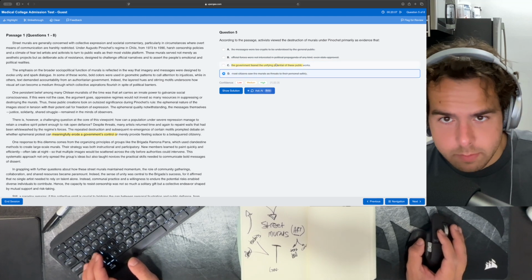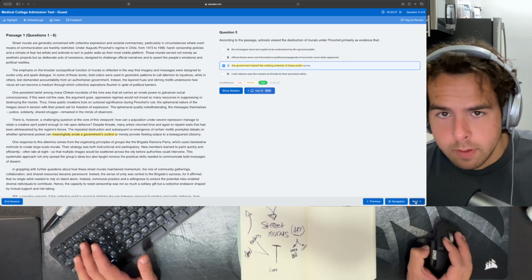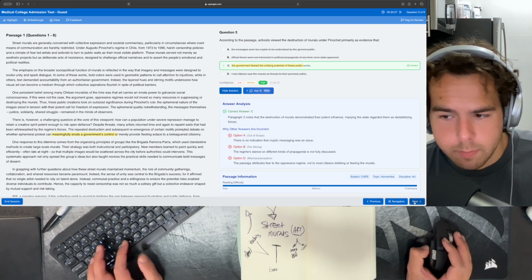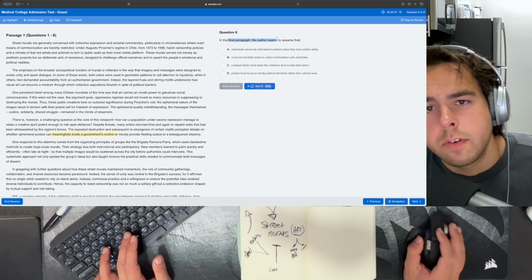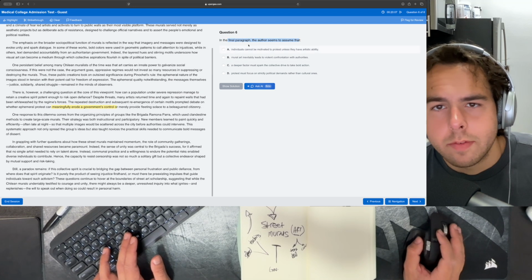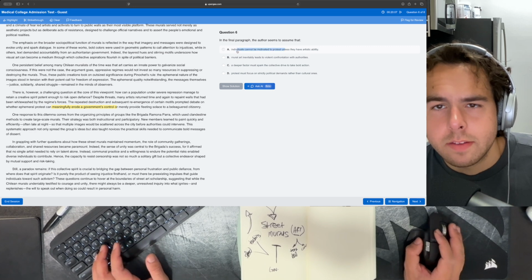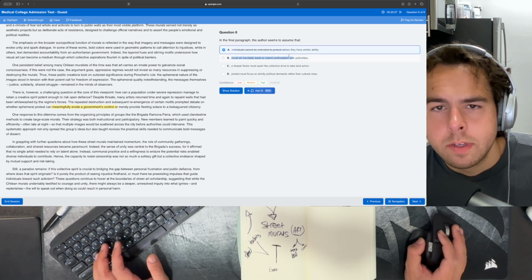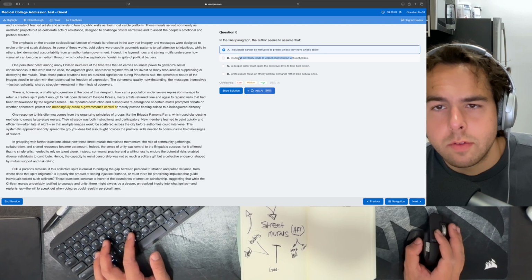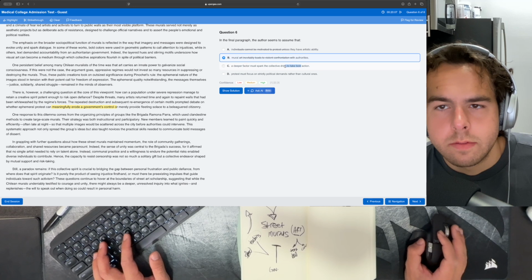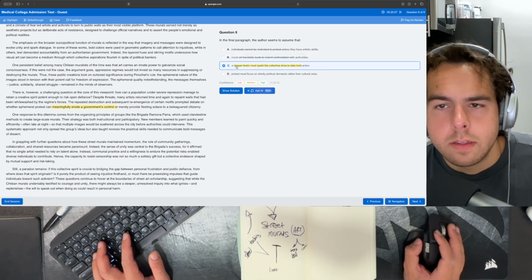That's not true. Let's see. Oh, let me check. Yep. In the final paragraph, the author seems to assume that individuals cannot be motivated to protest unless they have artistic ability. That's not true. Mural art inevitably leads to violent confrontation with authorities. That's not true. This is true.